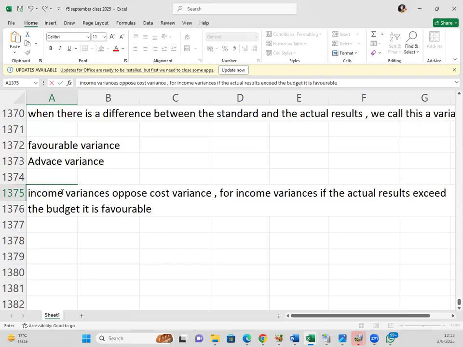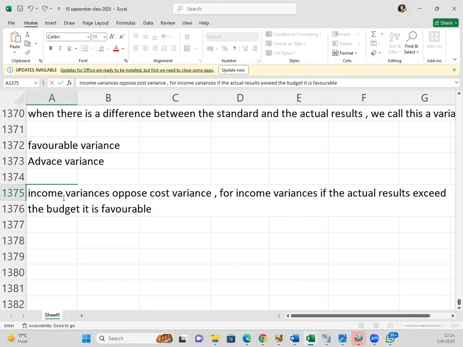Then the opposite is true for cost variance. So for income variances, it's actually good to have more than budget, more sales than budget, a higher selling price than budget. It's something that is actually good.